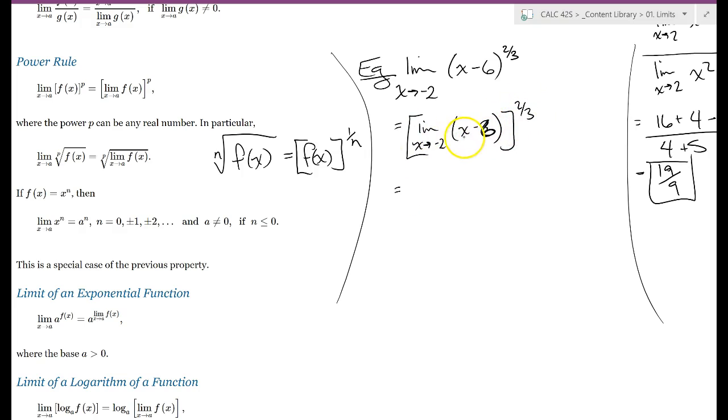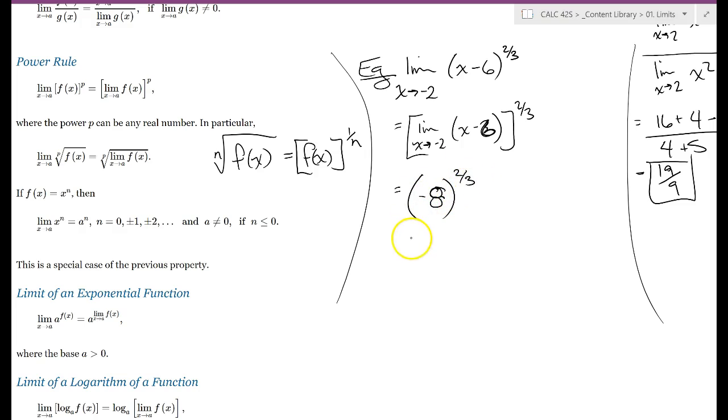So then from here we could just plug it in, or we could kind of break it up even more into x and a constant, but because x is just x, I'm going to work from here. So plugging in -2 here would be -8. And then 2/3.